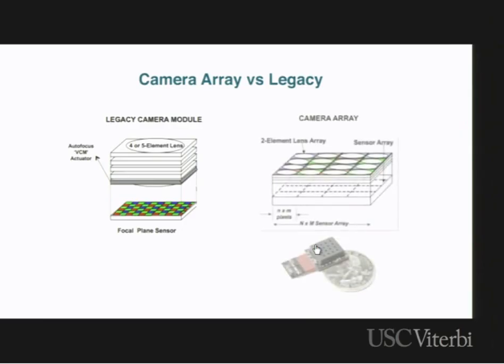In our array architecture, which is shown on the right, we divide the single lens into multiple lens apertures. Each lens corresponds to a subsensor on an underlying sensor array. Each subsensor is designed to be independently controlled to maximize flexibility, and the individual sensors are optically isolated from one another. Additionally, the color filters are a single color for each camera, which eliminates color crosstalk.